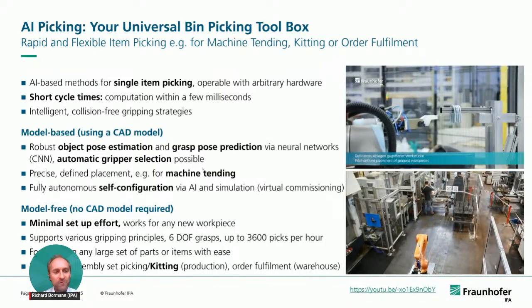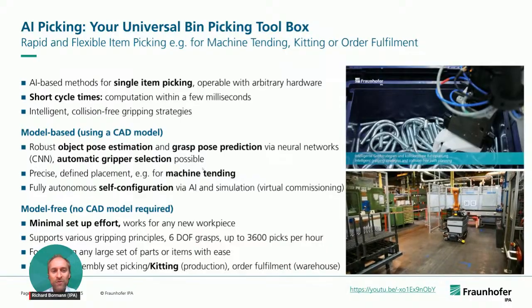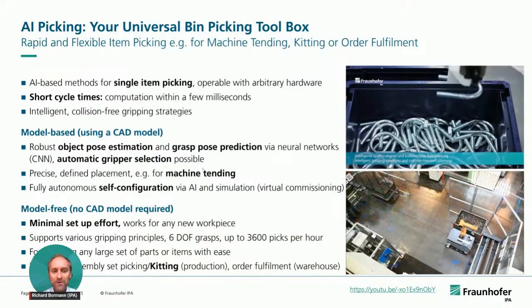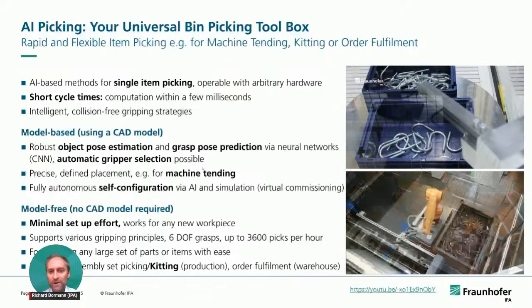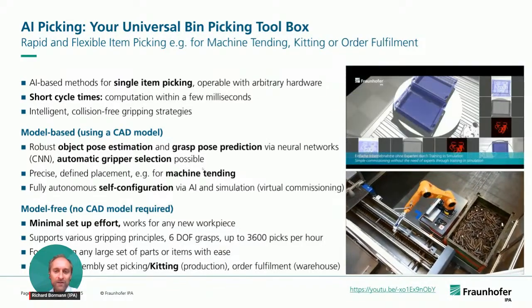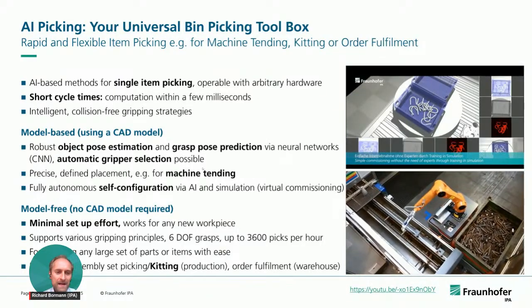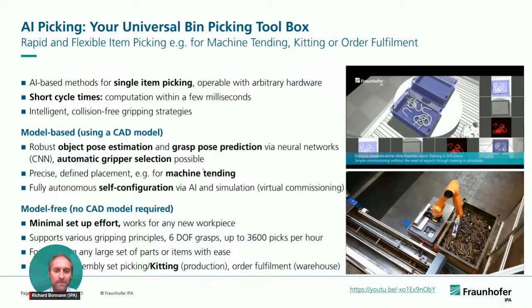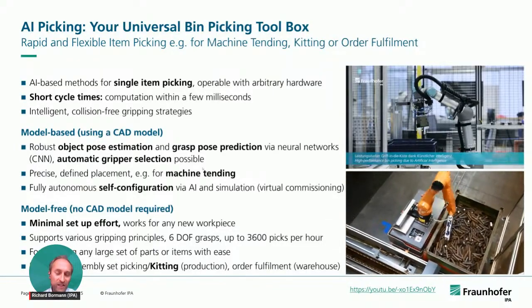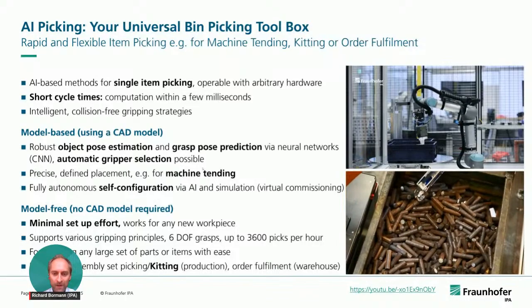There we serve you with object detection in a robust way, with automatic grasp pose prediction, with automatic gripper selection, even if you have different grippers for taking your parts out of the boxes, and a fully automatic self-configuration. I will show you a little bit more about this. So this is the machine tending part where you usually have model knowledge.